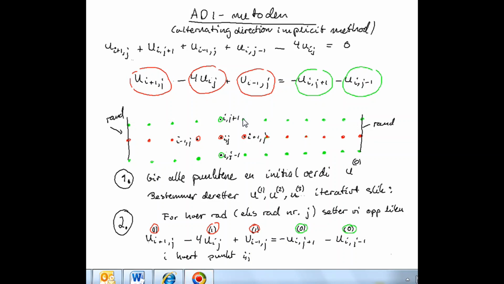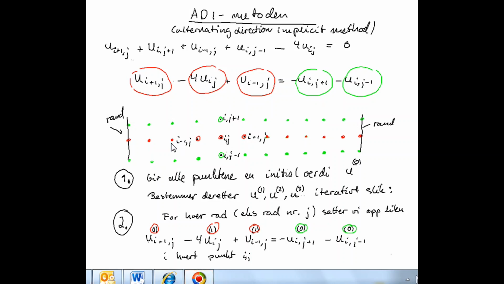We have several such equations for the Dirichlet problem. We have some initial boundary conditions here and here, so we will not consider this equation other than in the interior points where this value is unknown.